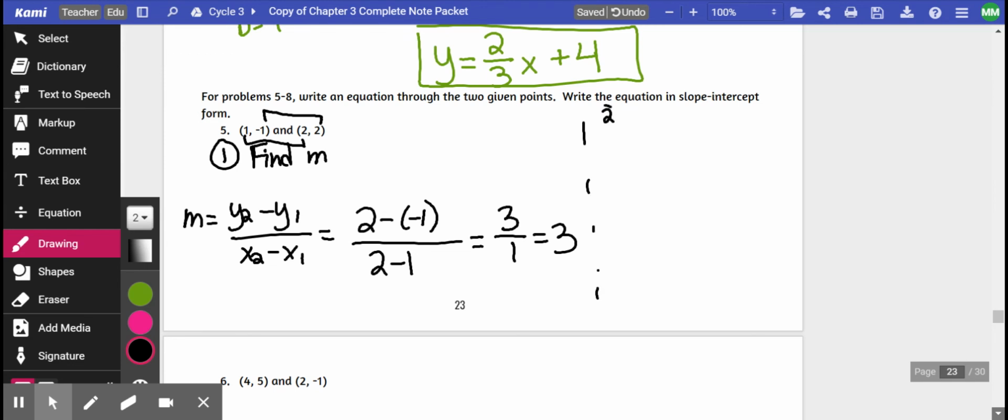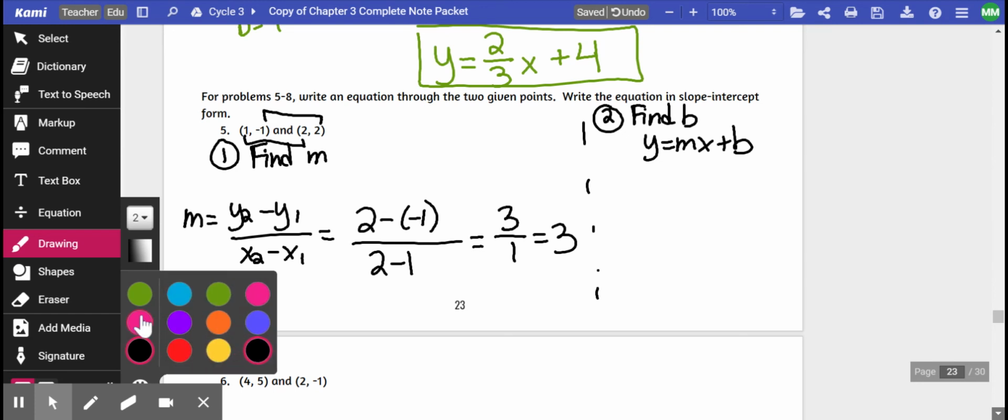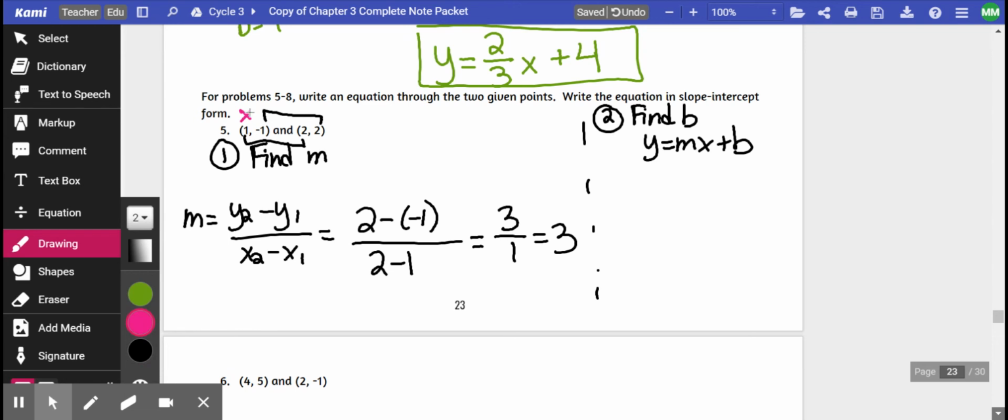Okay, step 2 is to find your b value. So I'm going to write my equation, y equals mx plus b, and I'm going to plug in for every value except for b. Now you can again pick either point. I like to just pick from the first point. So I'm going to use this as x, this is y.